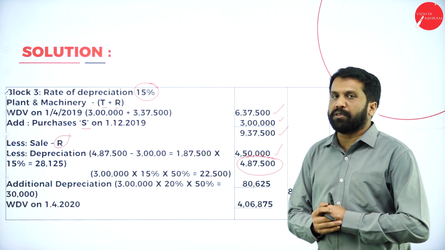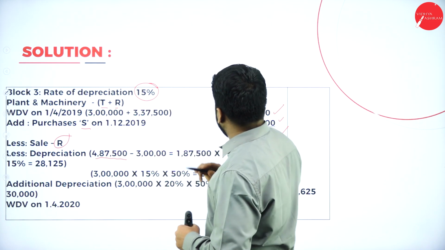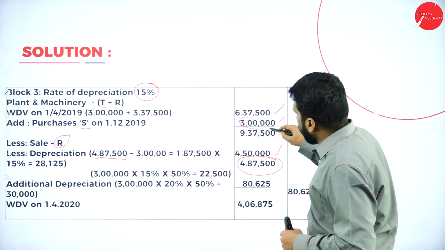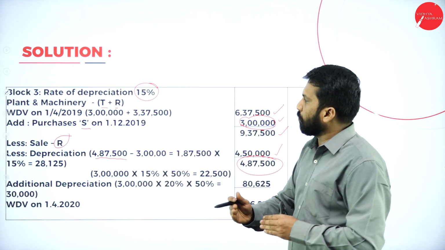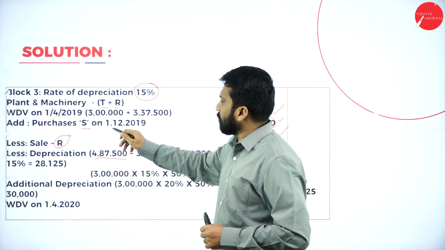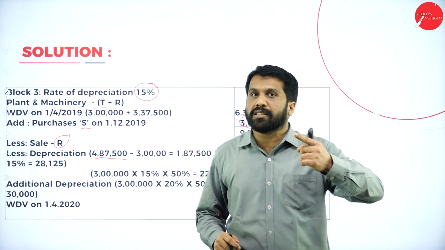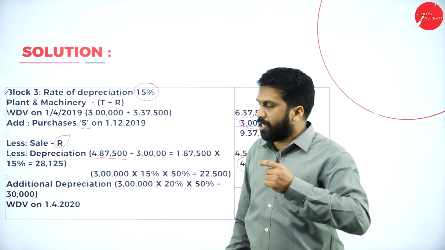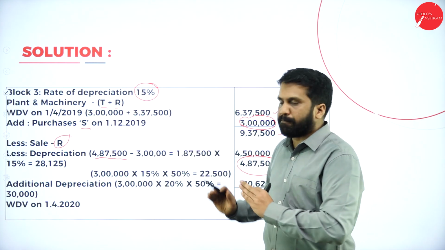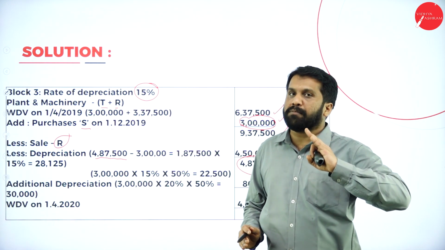How to calculate depreciation? I'll show you. 4 lakh 87,500. In this, there is a purchase of a new plant, 3 lakh. Exclude. Why? Because it is purchased on 1st December, after Gandhi Jayanti. Remember, if it is purchased before Gandhi Jayanti, we don't bifurcate because everything comes under 10%, 15%.